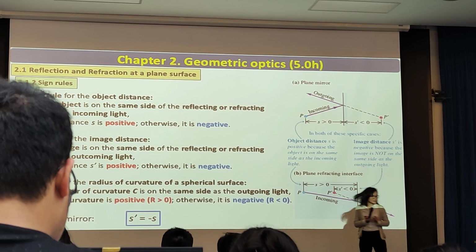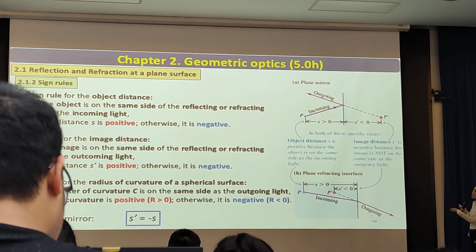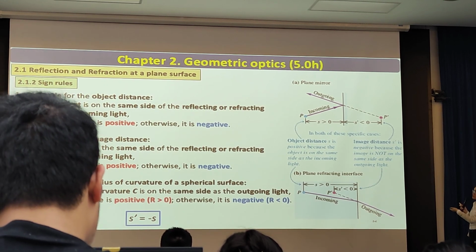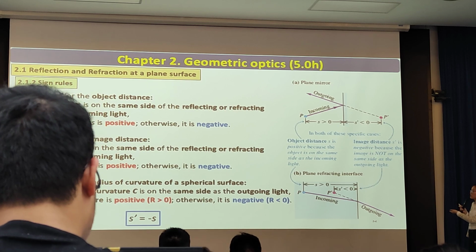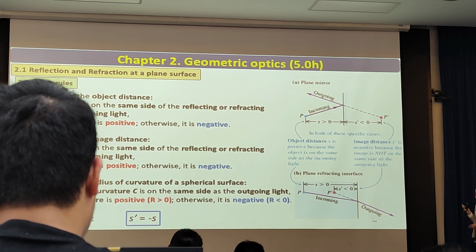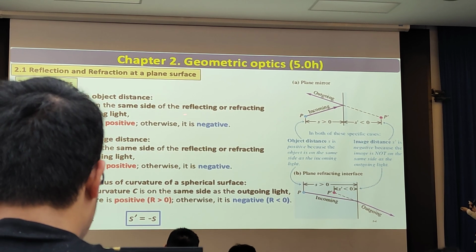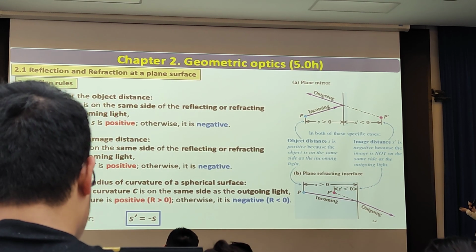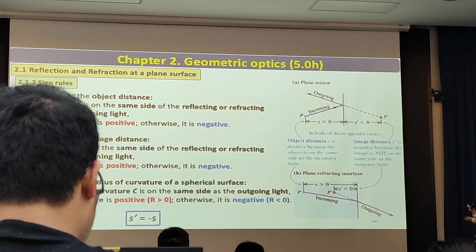We have the sign rule for the object distance. When the object is on the same side of the reflecting or refracting surface as the incoming light, you have positive object distance. If not, that means the object is on the opposite side of the reflecting or refracting surface as the incoming light, and then you have negative object distance.